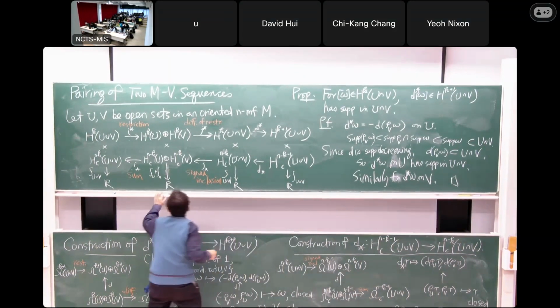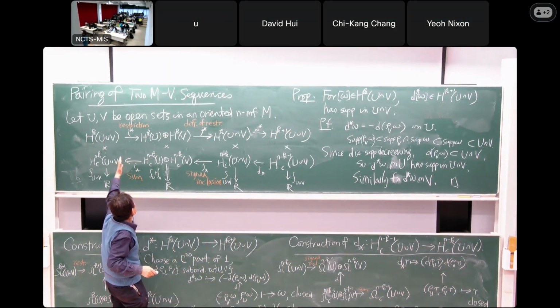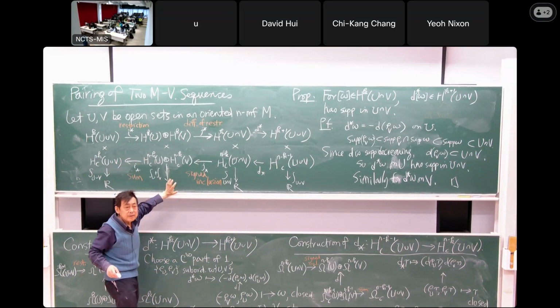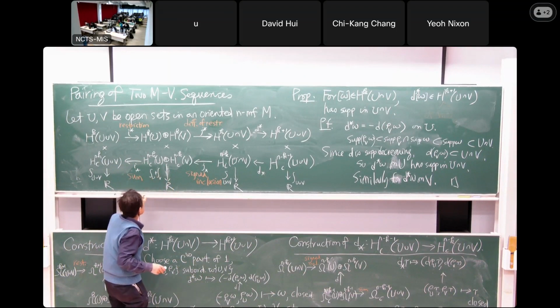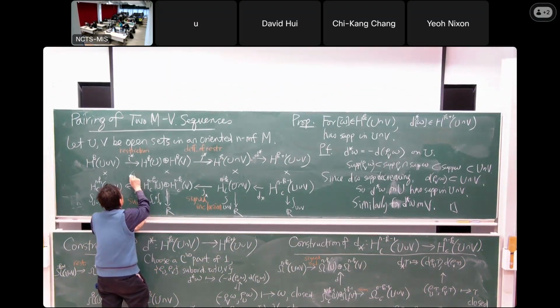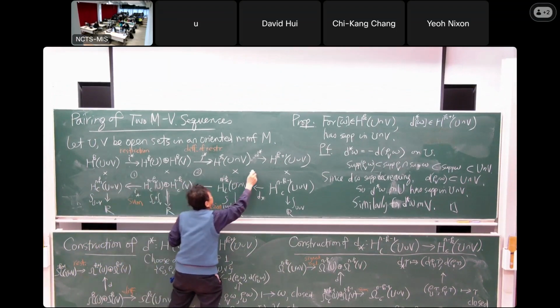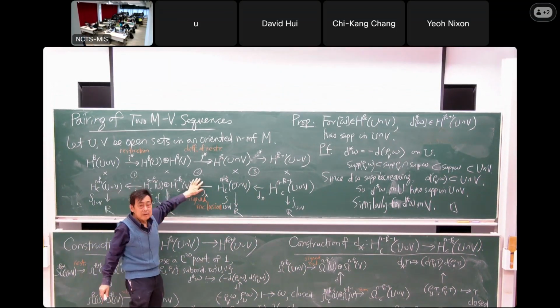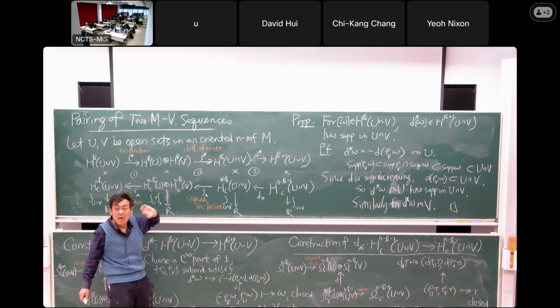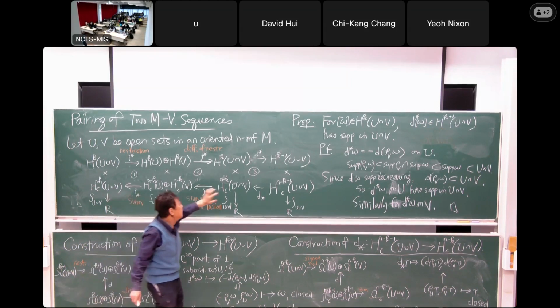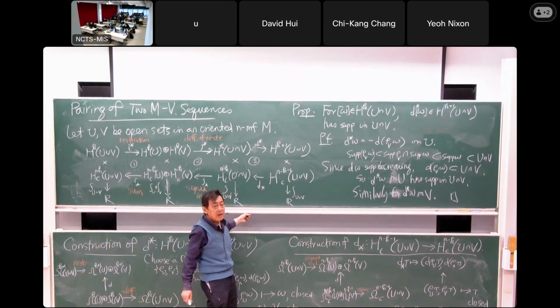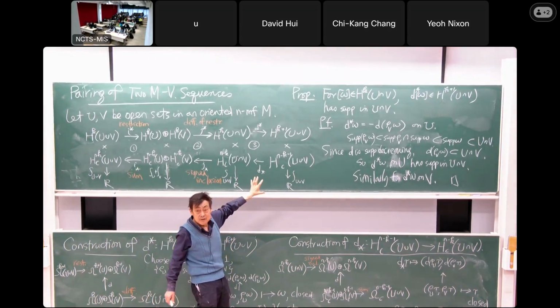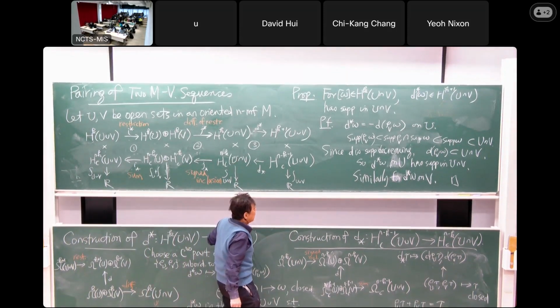What we want to prove now is that these three squares are all commutative diagrams of pairings, 1, 2, 3, commutative up to sign. In the homework, I asked you to show that 1 and 2 are commutative. Actually, for 1 and 2, they are commutative without sign, but 3 is commutative up to sign. So let's just check 3.